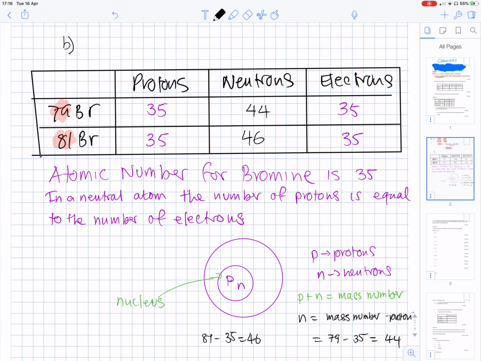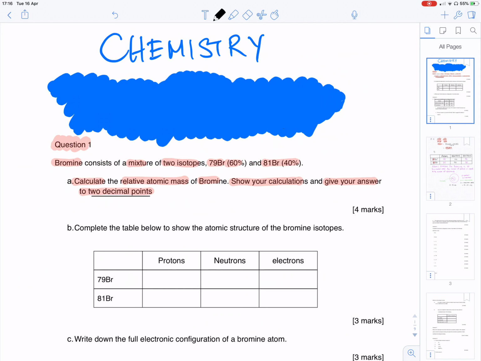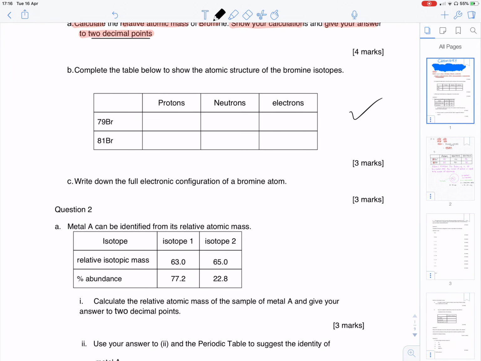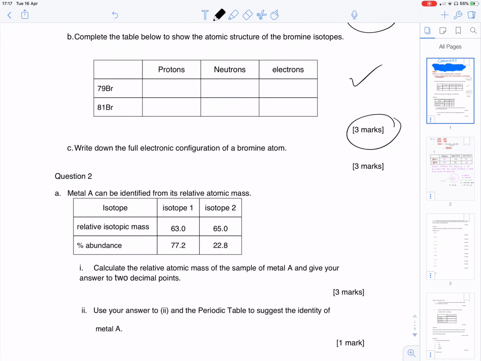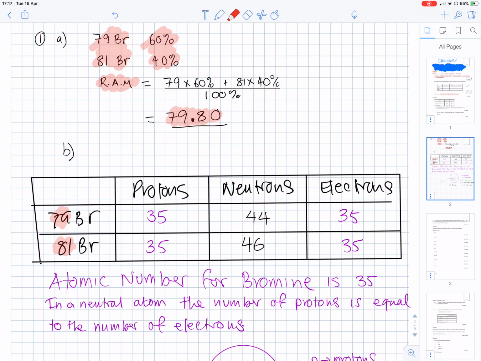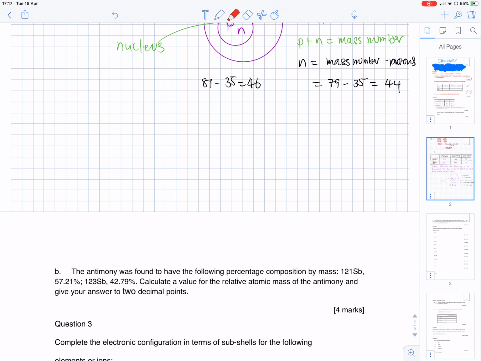Okay, so that is the answer to that table, and that gives you 3 marks. You already got 4 marks for that, and now you need to do the full electronic configuration of bromine, and the atomic number for bromine is 35.